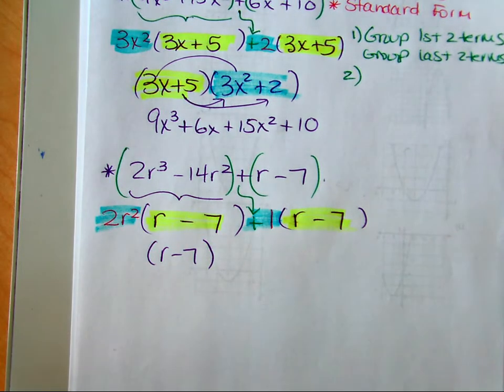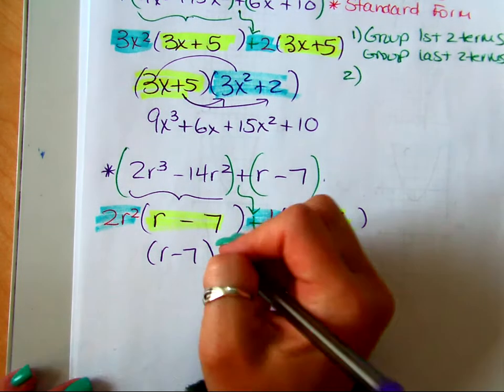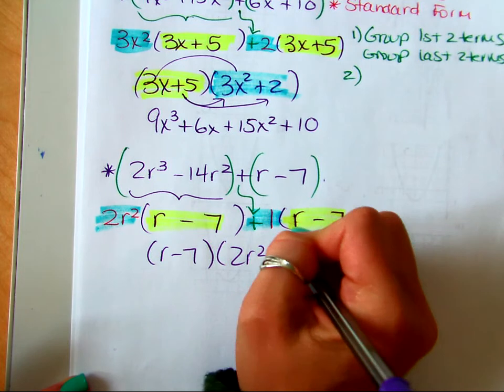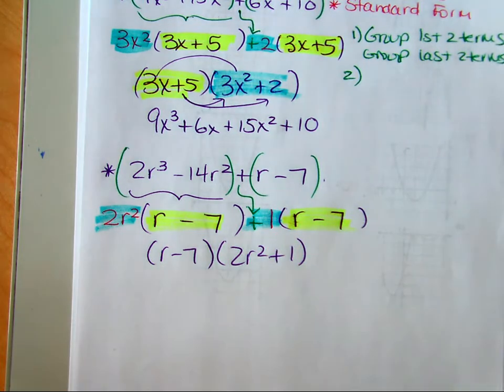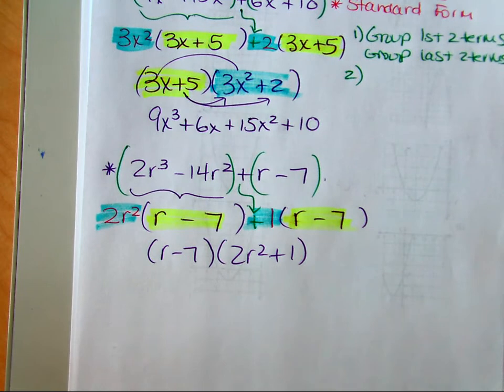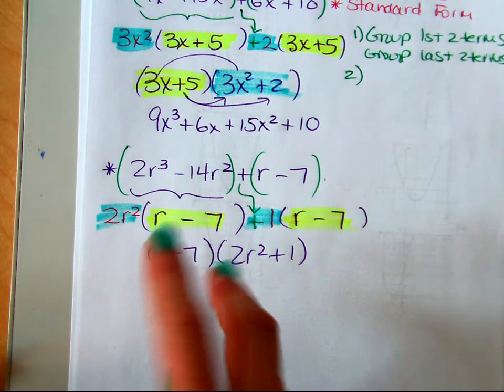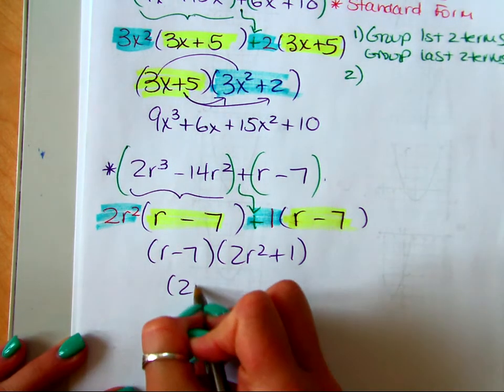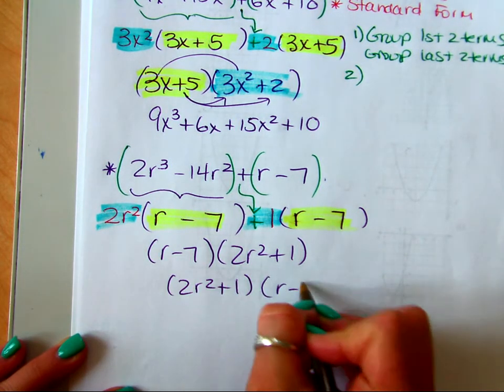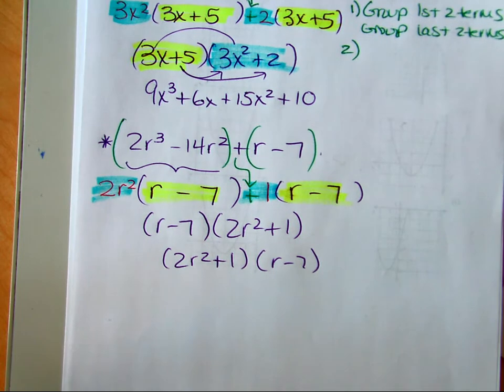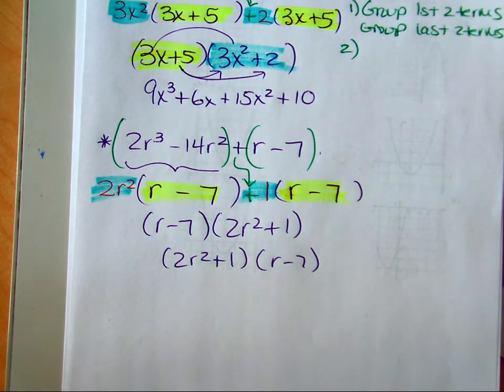Your leftover makes your second set of parentheses, a 2R squared plus 1. If I wanted to make sure I'm right, double distribute, and I guarantee you, if you do it right, you'll get that, okay? If you have these parentheses reversed, if you have 2R squared plus 1 first, and then R minus 7, is it wrong? No, it's commutative. I don't care the order. Just have each parenthesis be exactly that, okay? So that's the general gist of it.